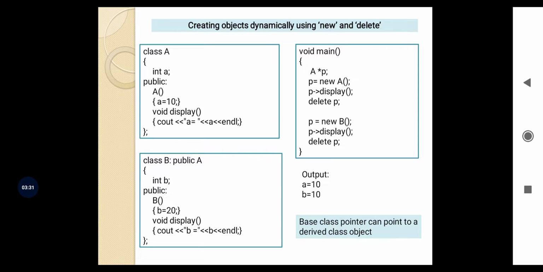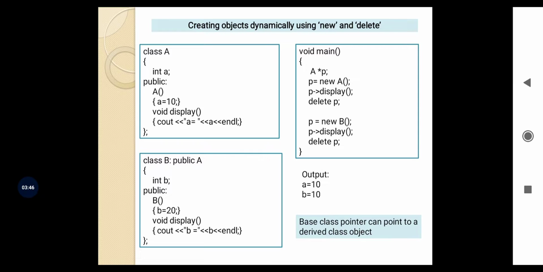So it's always the base class function which is going to be invoked. Why this happens is because this binding is done at compile time. So this is an example of static binding.